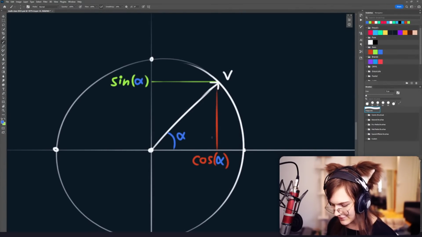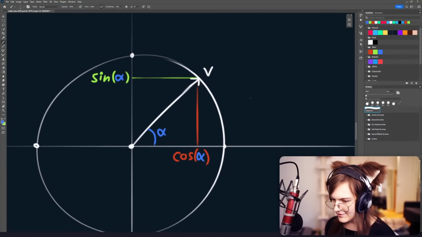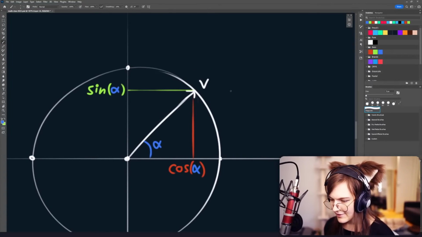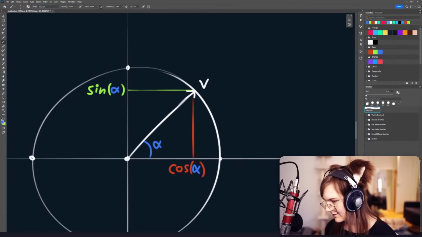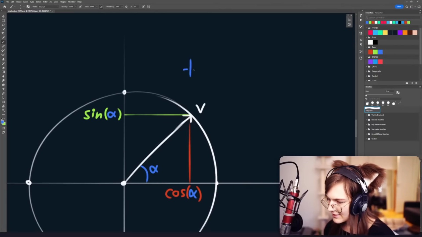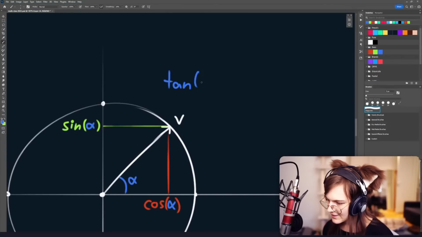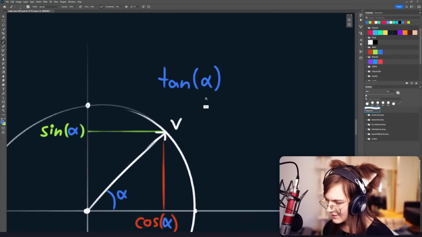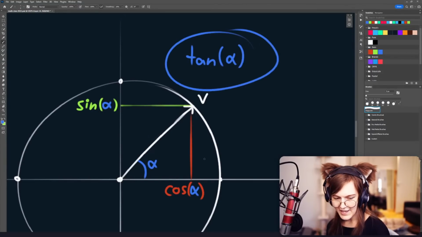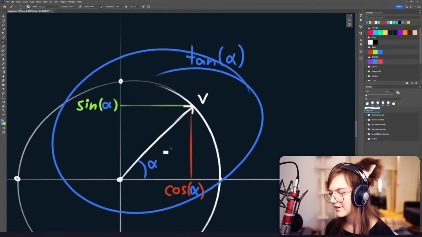I guess there are two more things we should talk about before we go to the arc cosine. So you have probably heard of a third function called the tangent. So what would the tangent of the angle be in this diagram?